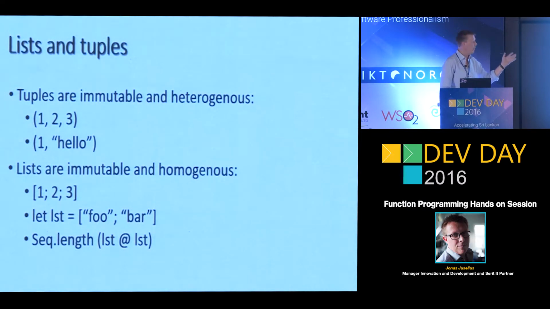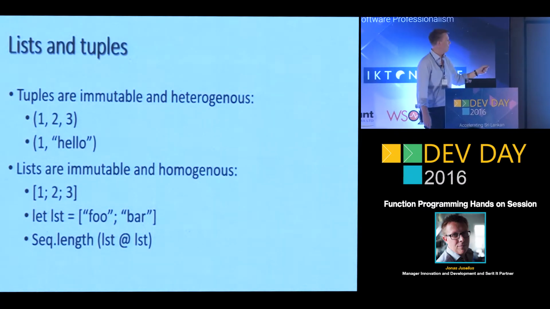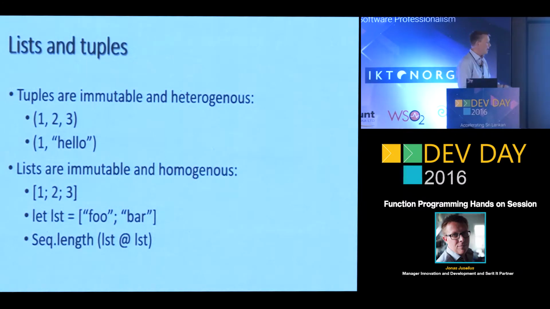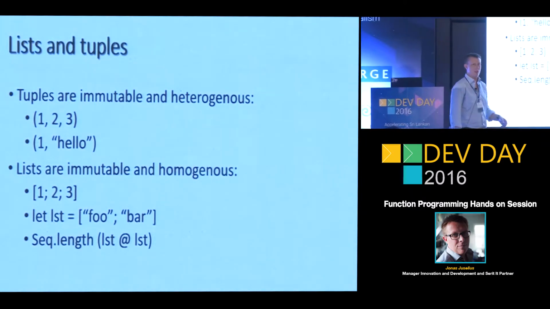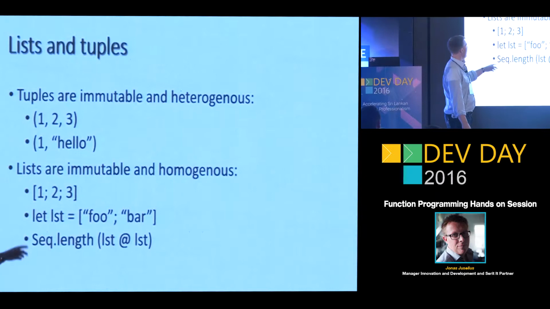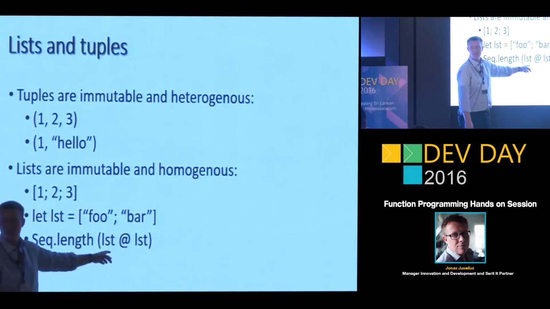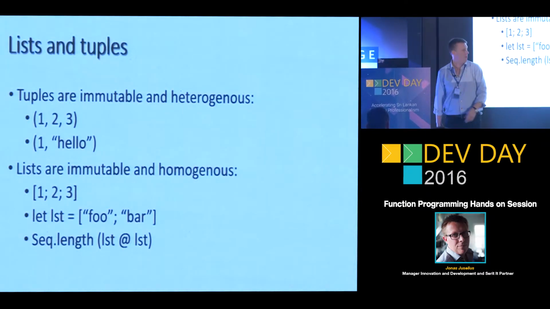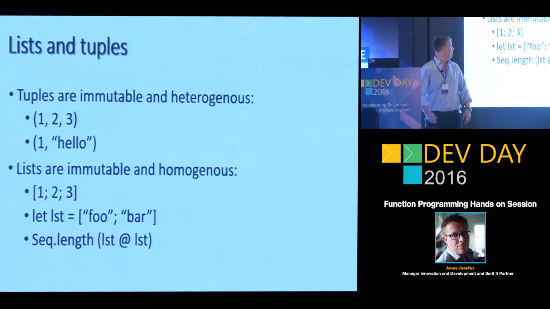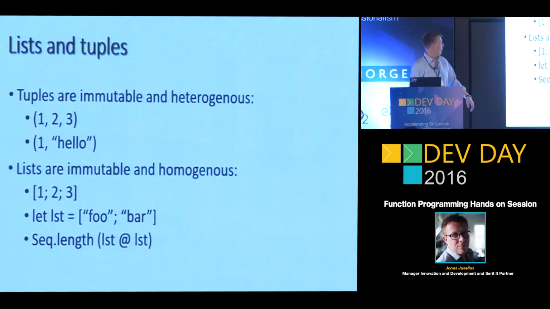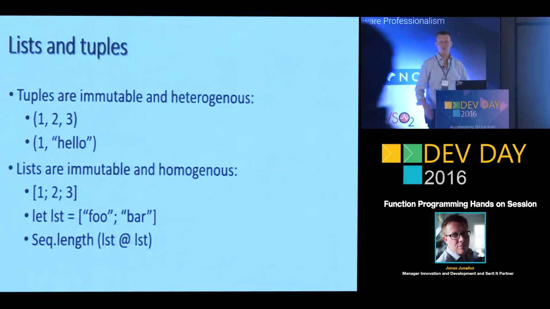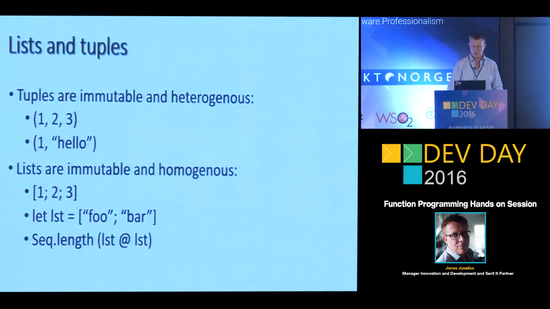If it's integers, everything has to be integers. And there's a whole bunch of list operations and list functions that we can use. We can bind a list to a name, and we can concatenate two lists with the operator. Then we have foobar, and then we can call the generic Seq.length function on it, and we would get the answer 4.